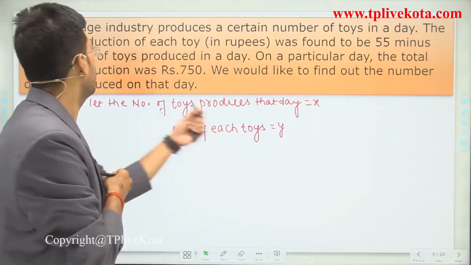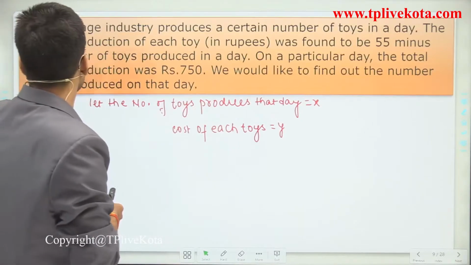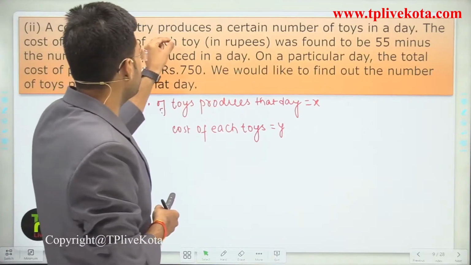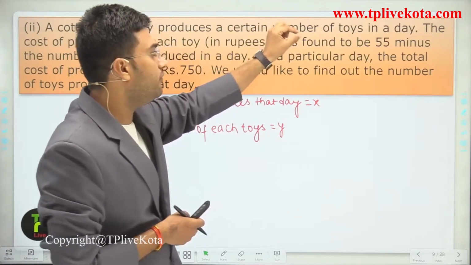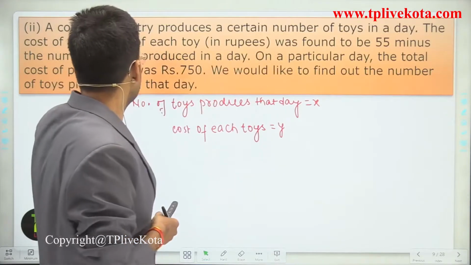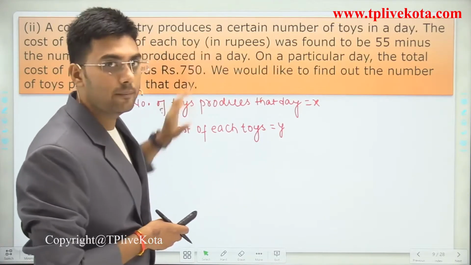Now it is given that the cost of production of each toy was found to be 55 minus the number of toys produced in a day.